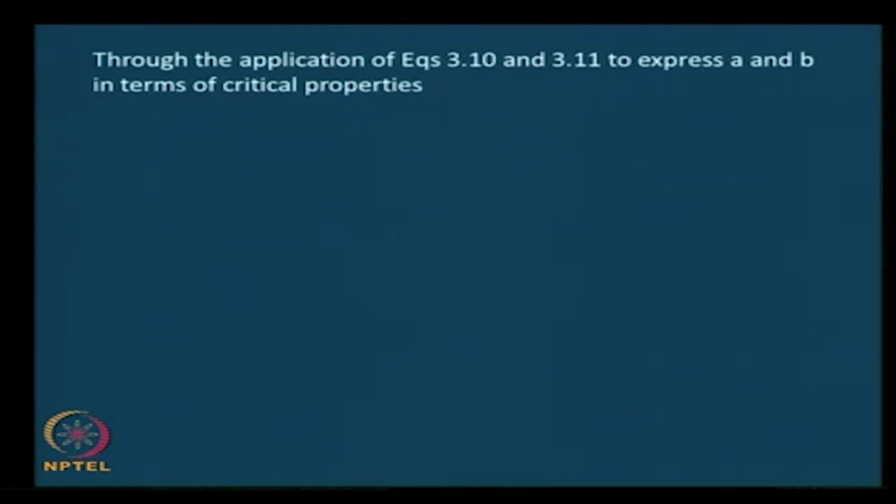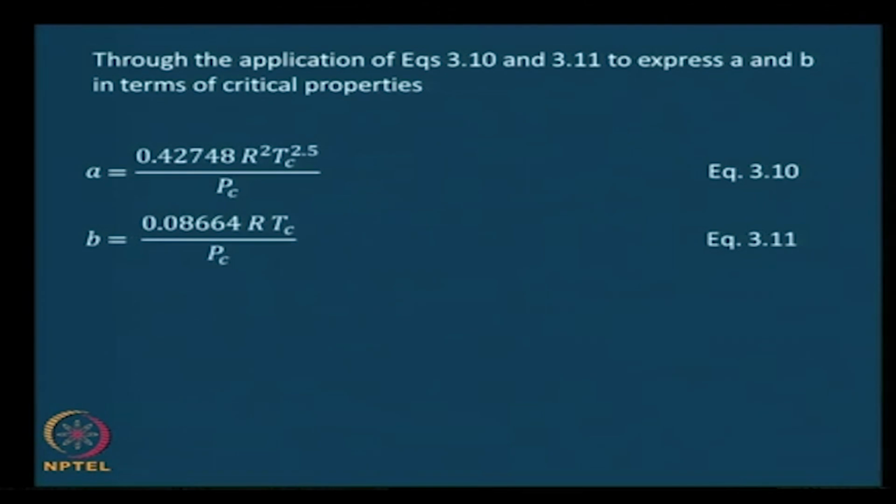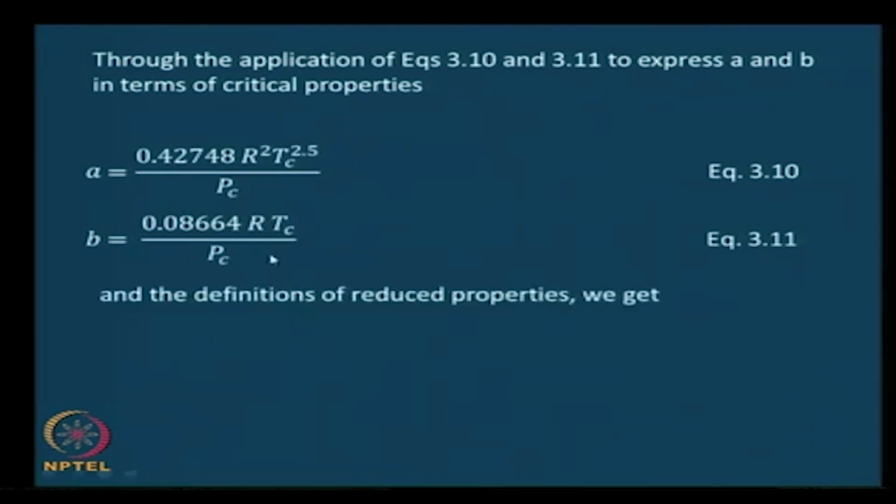We have already seen that A and B can be expressed in terms of critical properties, equations 3.10 and 3.11, and this Tc can be written in terms of the reduced properties. Tr is nothing but T by Tc, therefore Tc is nothing but T by Tr.